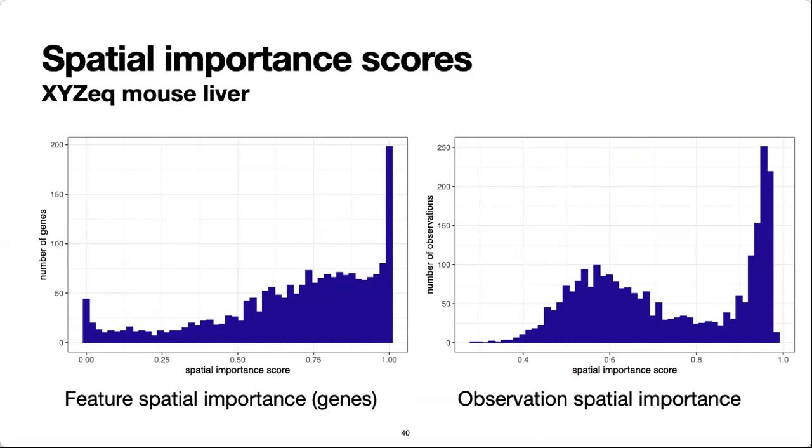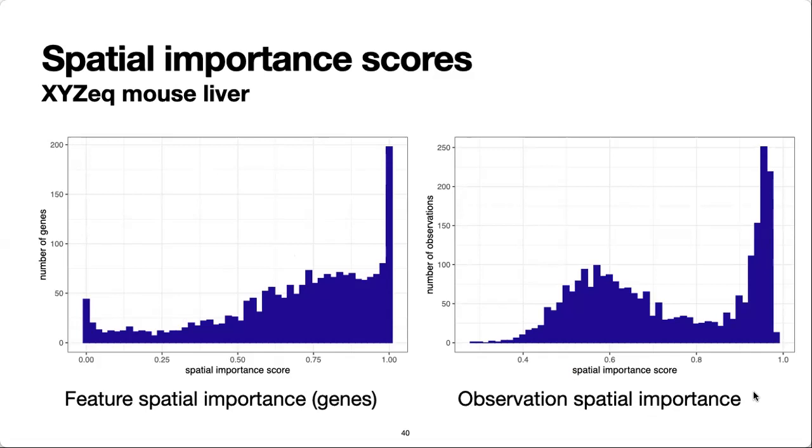And what's interesting is we found that there were particular genes that were completely determined by spatial information. They're strongly spatially variable. On the other hand, there are some genes that basically spatial information doesn't tell you anything about that gene. It's just active in a dispersed way across the field of view.